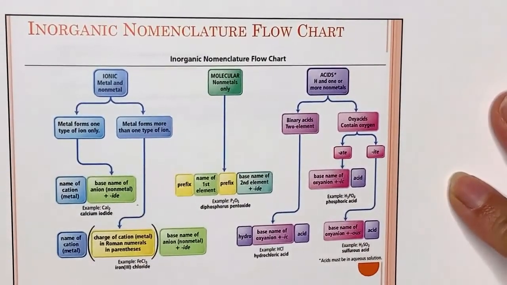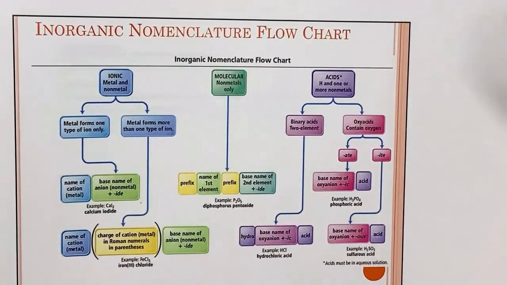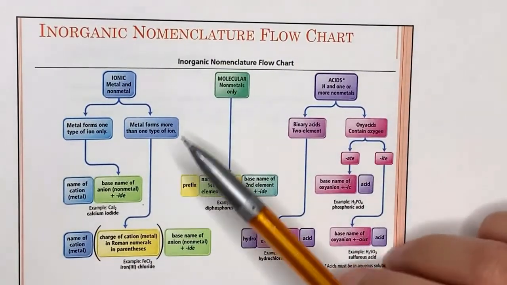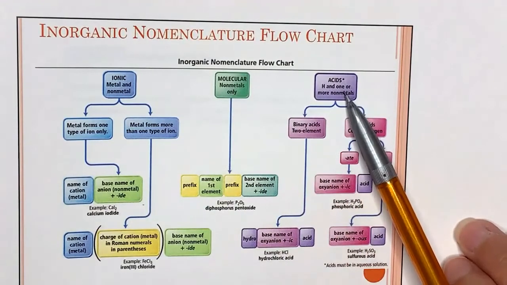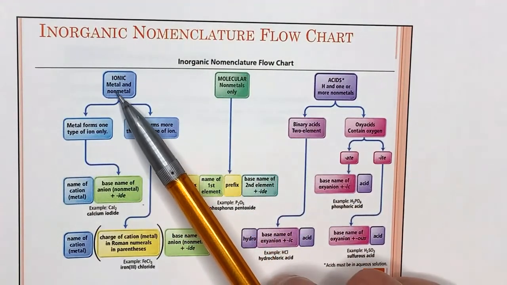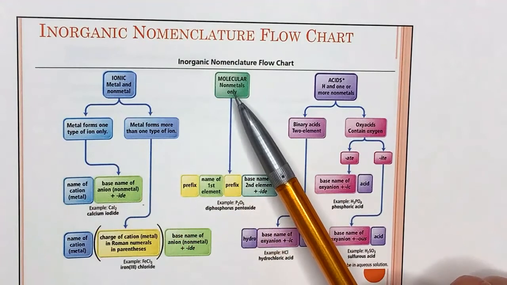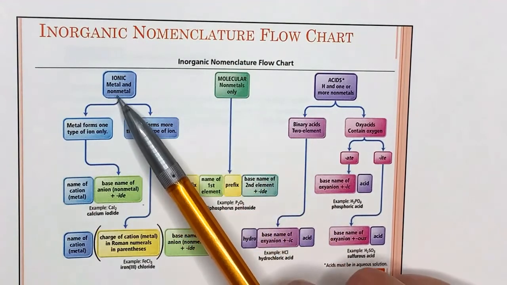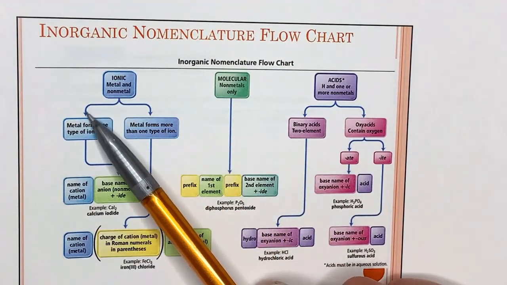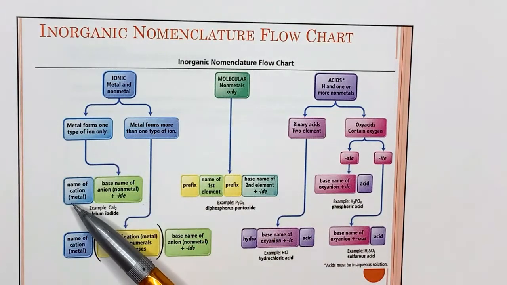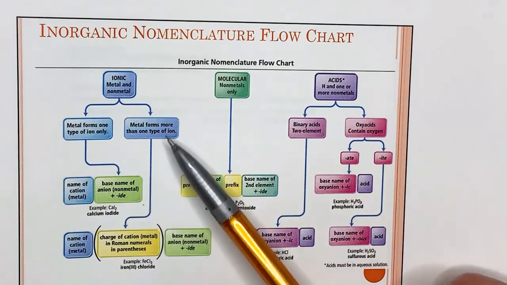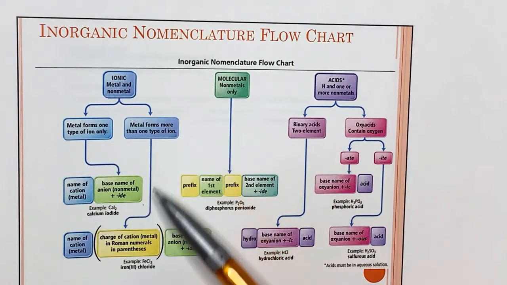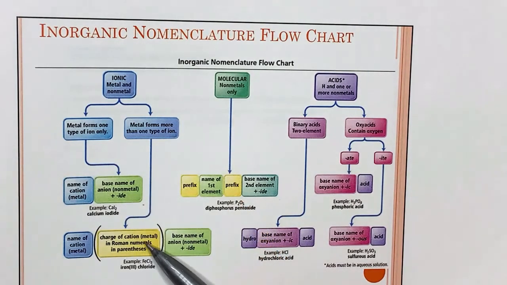So overall, this is a summary of naming. So you have ionic, and then you have molecular, and under molecular you have acids. Ionic, if you have metal and non-metal here; molecular is only non-metals in general. And then if you have metals that don't change the charge, you just say the cation without a Roman numeral, then ide. If the cation changes its charge, you have to put the Roman numeral in.